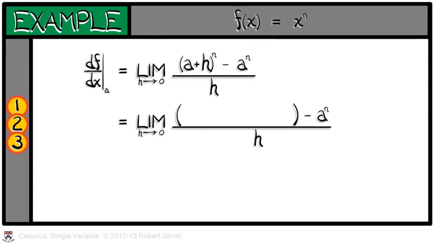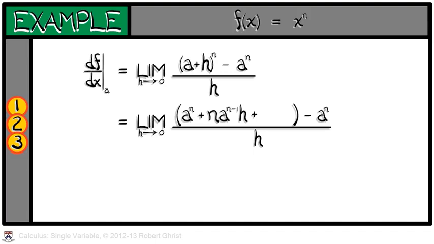What happens when we take a plus h and raise it to some positive integer? Well, the first term is going to be a to the n. The next term is going to be n times a to the n minus 1 times h. This comes from the binomial theorem, or multiplying out as a long polynomial. What about all of the other terms?